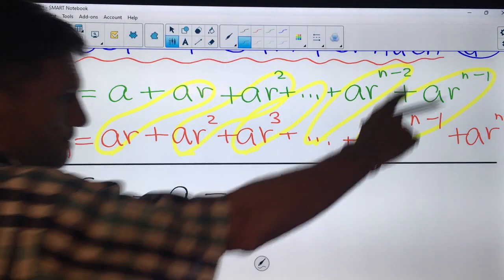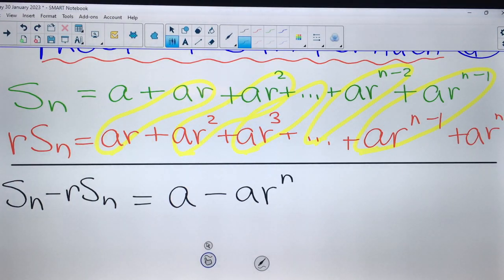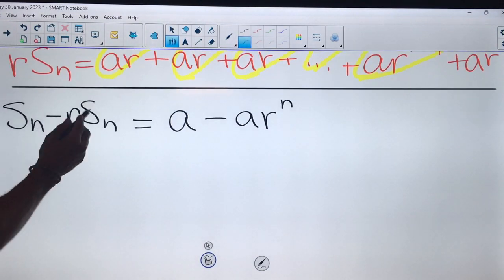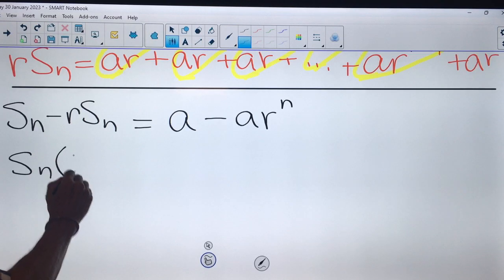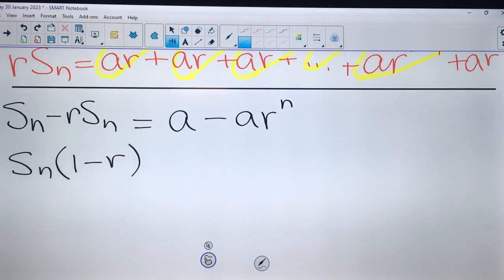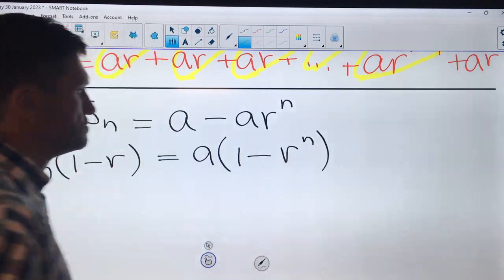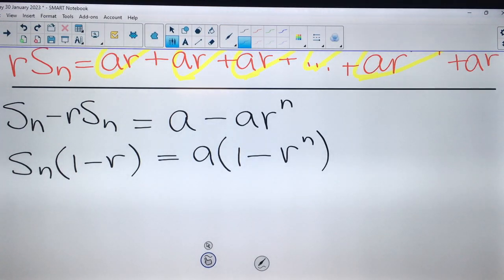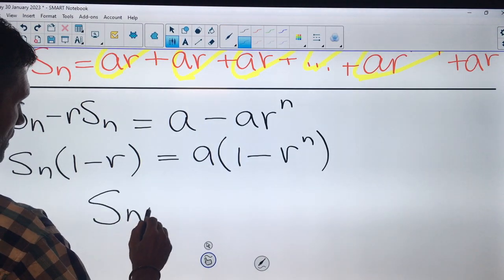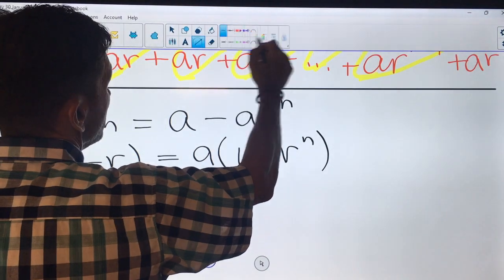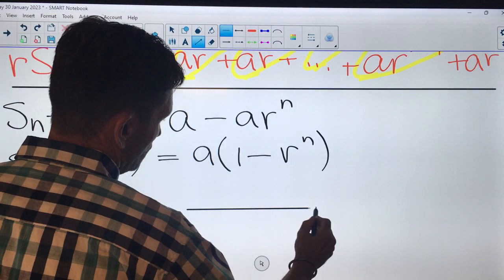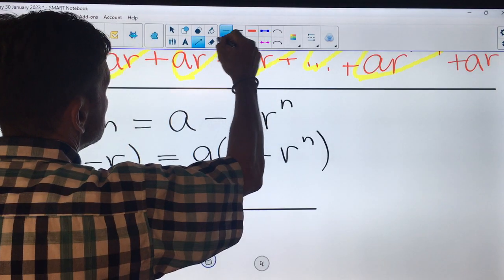We have the first one minus the last one left. Then I remove Sn as a common factor here, and on this side, I remove A as a common factor. And then we have the sum formula for the GS.